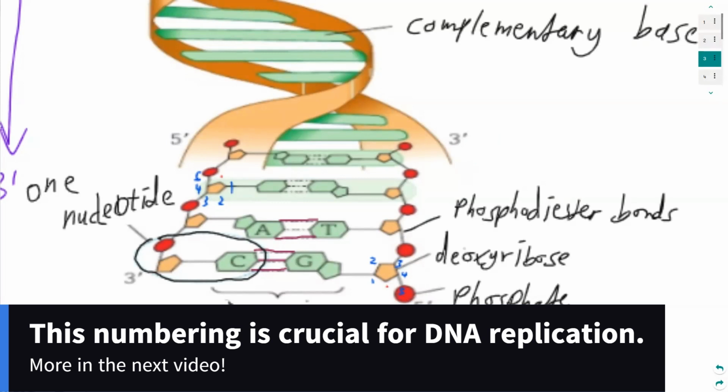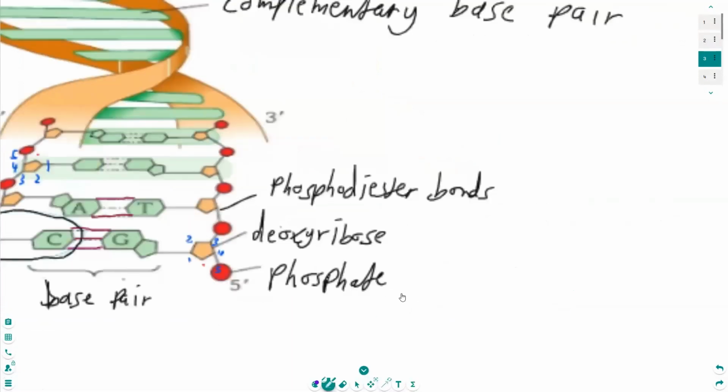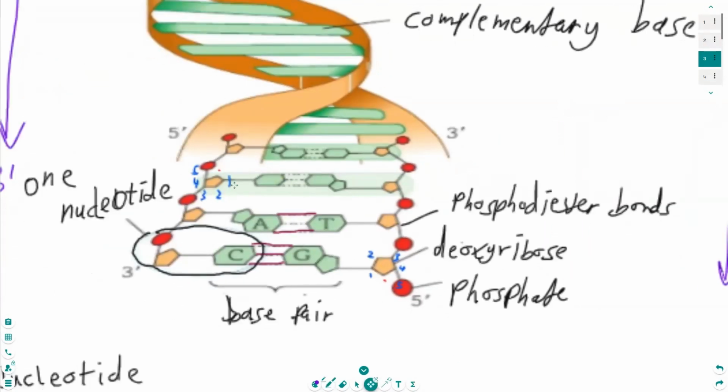So what we say for this strand is that it runs in the 3 prime to 5 prime direction. It is a little confusing: we say they're running in opposite directions, but here we're drawing the 5 prime to 3 prime direction this way, and here the 3 prime to 5 prime direction this way.